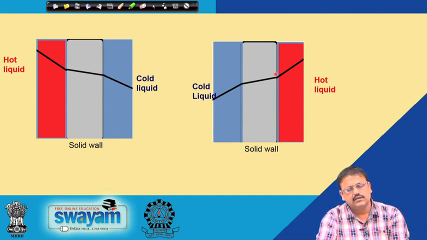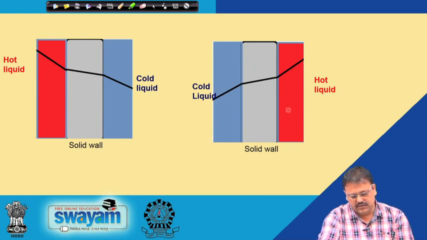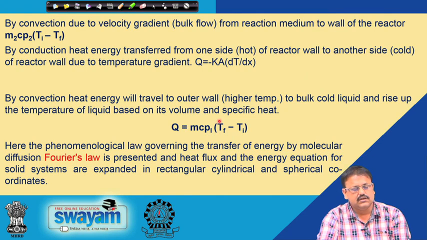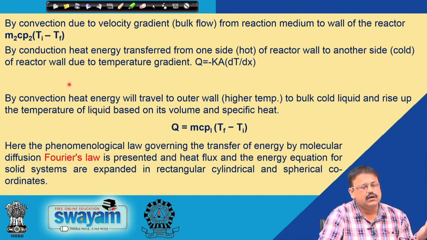Basically there are two fluids and one solid here. One is conduction in the solid wall, and on the two sides is the liquid, where convection heat transfer is observed. Then the heat will be extracted by the cold fluid. The hot fluid donates heat to the cold fluid, and the initial and final temperatures can be measured by M2 CP2 (Ti minus Tf).